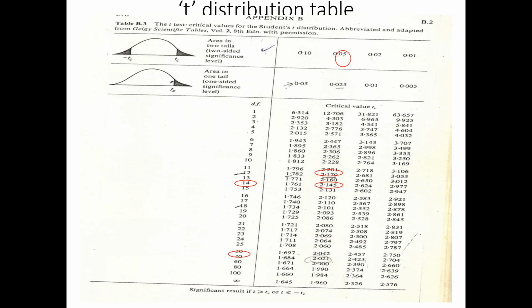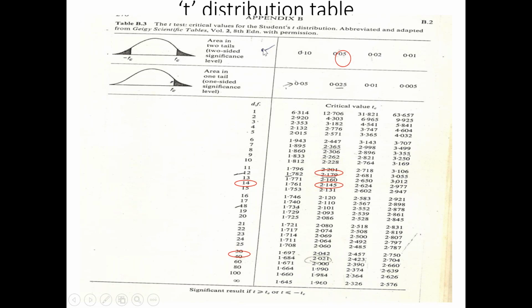In this example, 1.5 is lying on the left hand side, and 1.6 again lying on this side. So that means this p value is already greater than 0.05. It may be 0.02 here, the corresponding p value level.